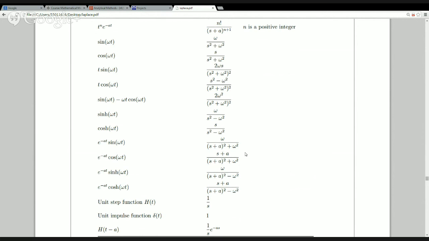Okay, so we need to re-express the denominator. So we have x bar is 3s minus 1, and it's only after we've done the denominator that we'll figure out what to do with the numerator, really. So this is going to be s plus something all squared plus something else, maybe minus something else.